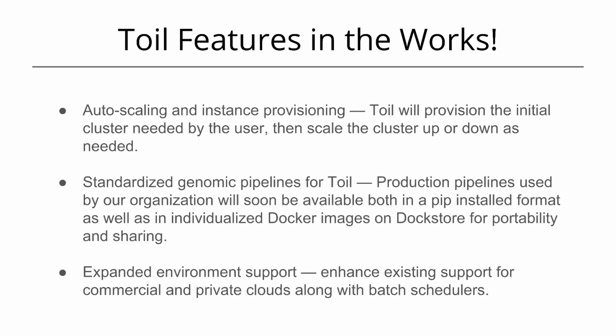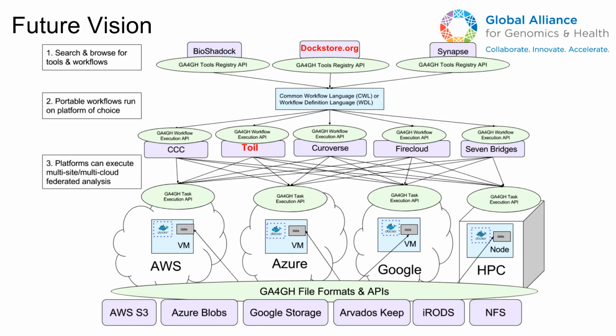I think that's it. Yeah, so I'll just hop back in here, Benedict, and take a step back and try to put together a picture of how Dockstore and Toil and the GA4GH fit together. And take this slide with a grain of salt. This is a proposal of what we want to see and how we see things fitting together.